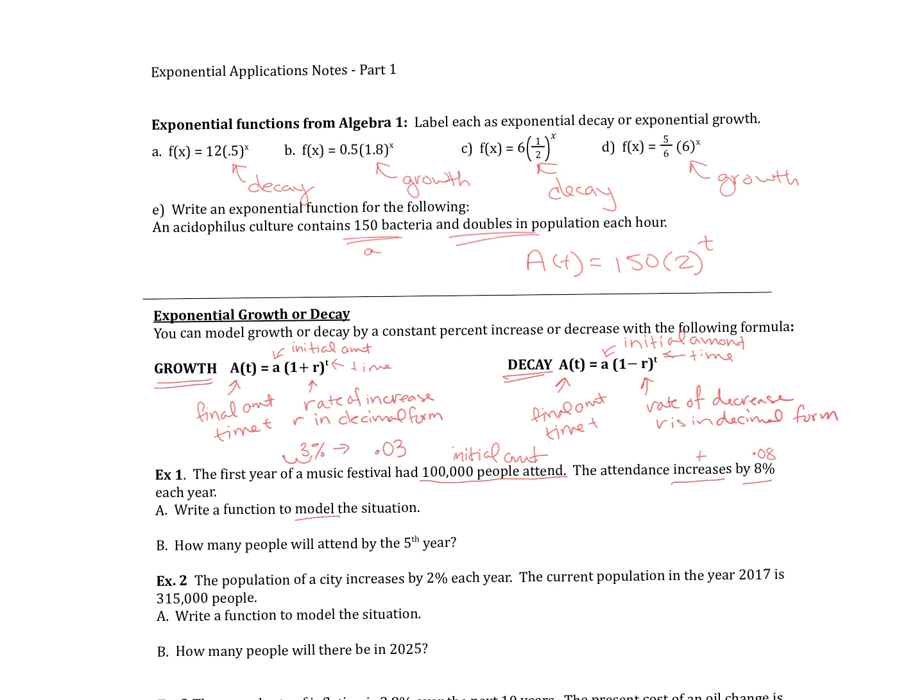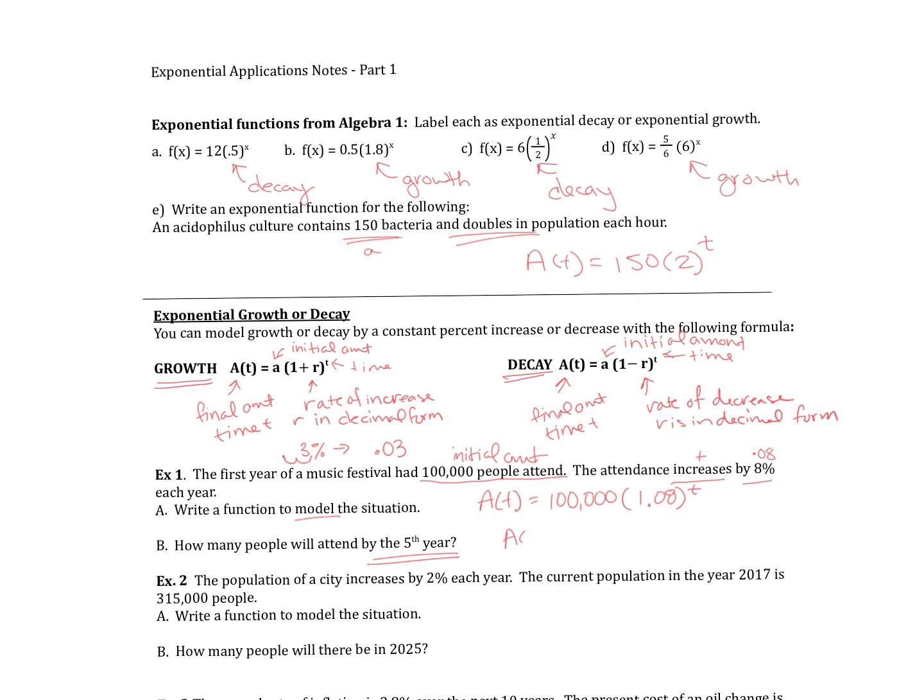Well, the amount of people at some time t is going to be equal to the initial amount of people, 100,000, times 1 plus 0.08, so 1.08 to some time t. That equation models it. So how many people will be attending by the 5th year, by year number 5?